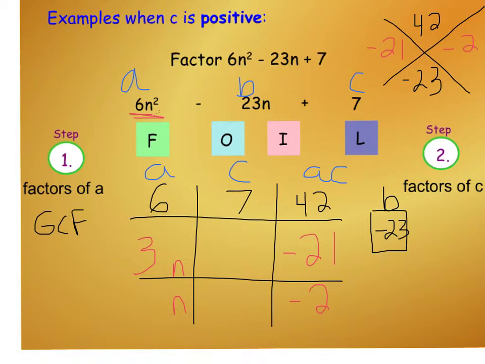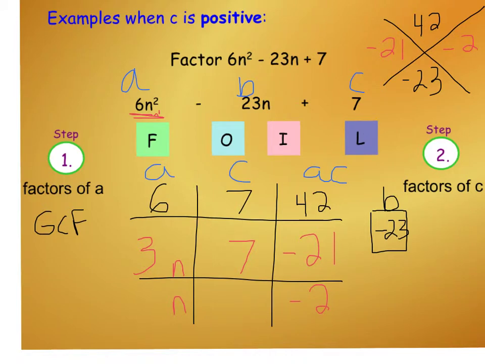Alright, now what I'm going to do is what's the greatest common factor between 7 and 21? And the greatest common factor there is going to be 7. And that will not have an n because if we look, there is no variable there.